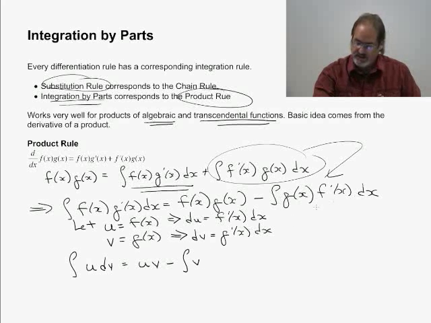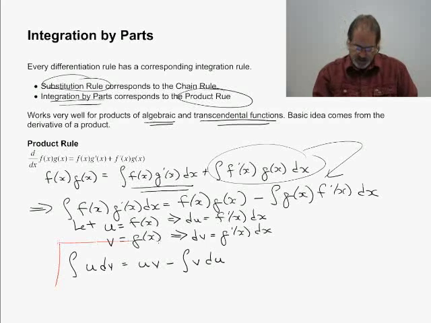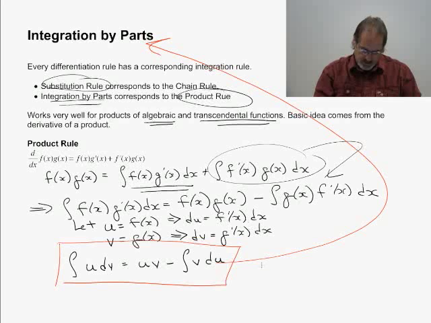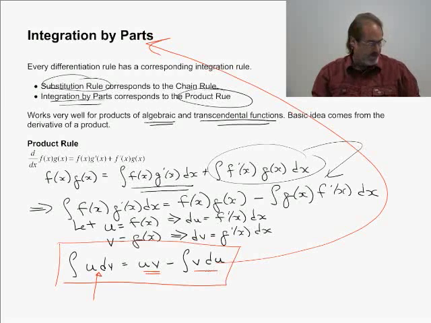This is what we refer to as the rule of integration by parts. So if I look at an integral and can think of it in terms of u times dv, then by using these parts, I can complete the integration. That may make more sense when we jump to an example.